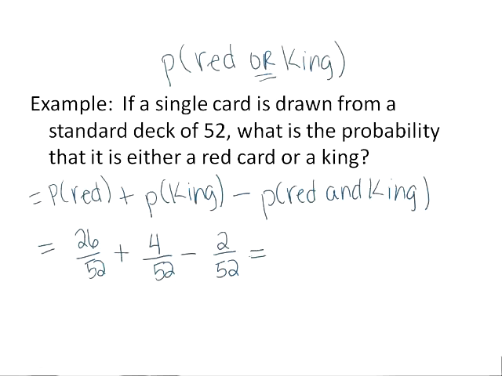So adding and subtracting to simplify, we have a total of 28 divided by 52, but that fraction does reduce with a common factor of 4 to 7 divided by 13. Now remember, the key word to look for in this case is the OR in the original question.